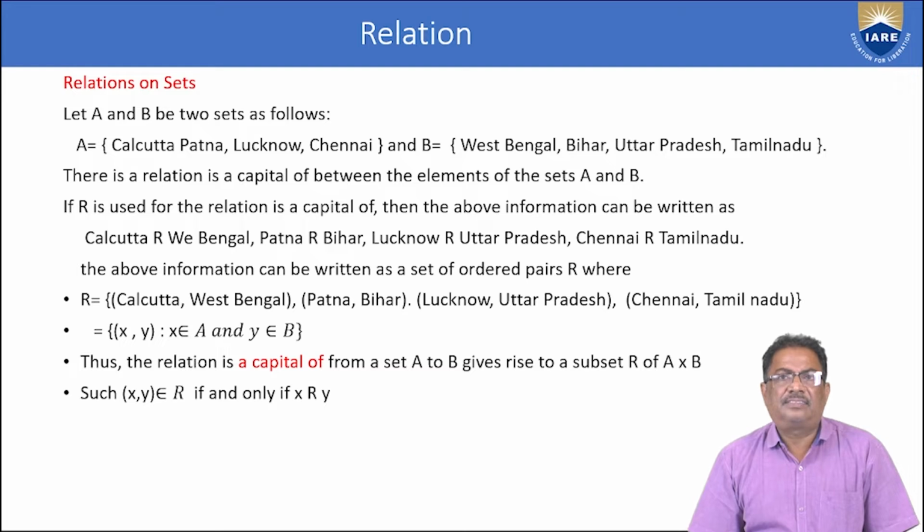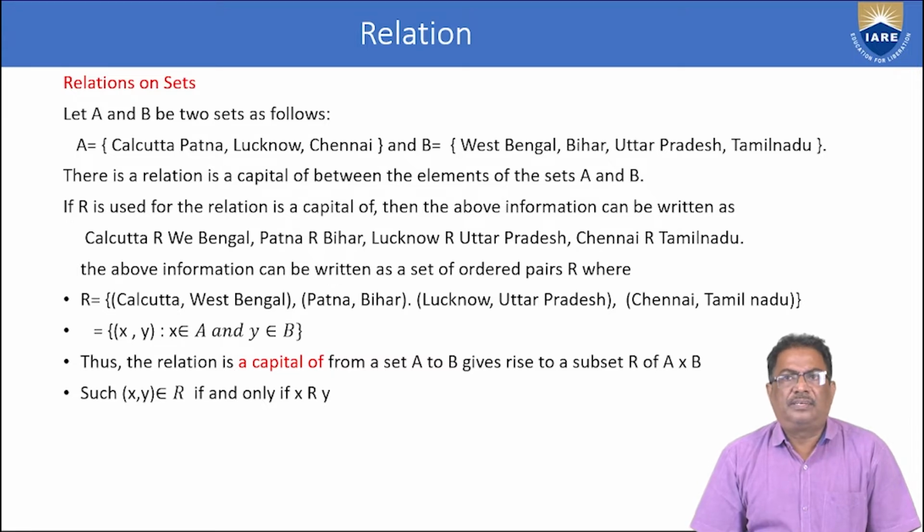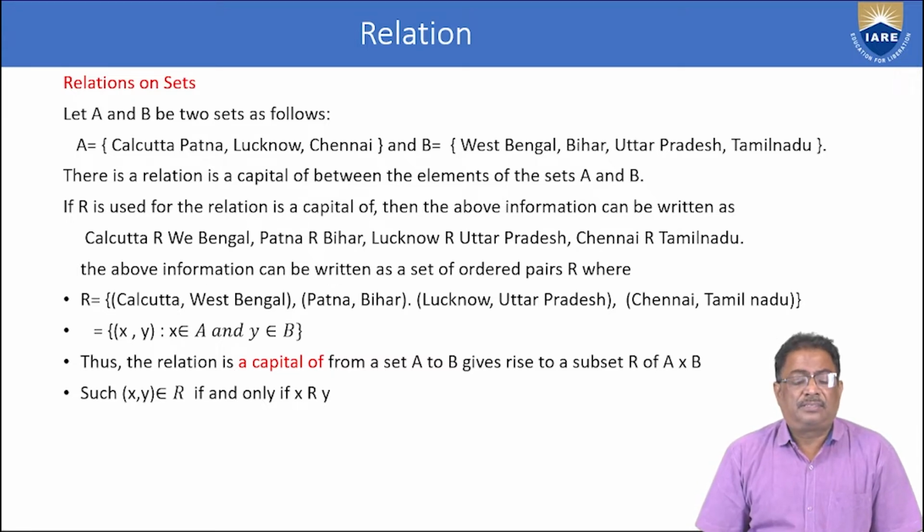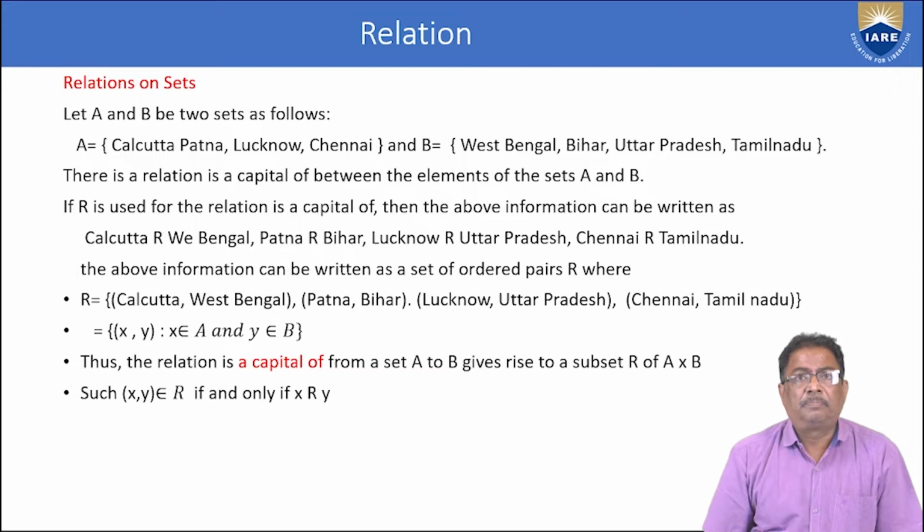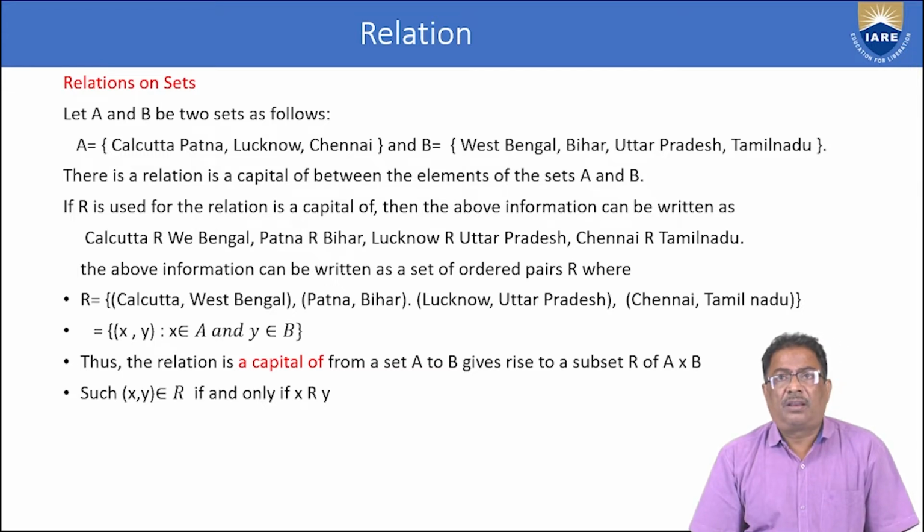Set A consists of cities, that means we consider cities like Calcutta, Patna, Lucknow, Chennai, and set B consists of the states West Bengal, Bihar, Uttar Pradesh, Tamil Nadu.